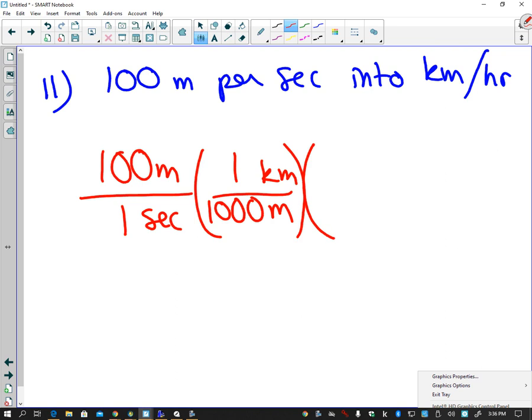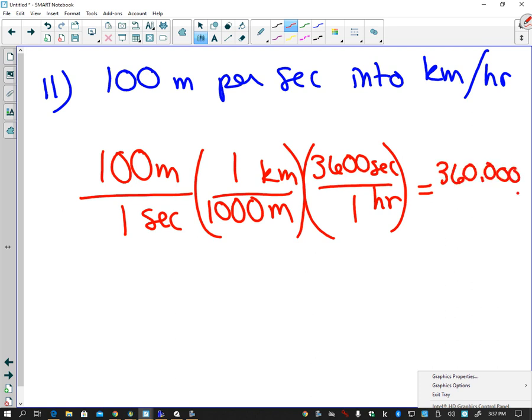Now we need to convert seconds to hours. Okay, we'll put seconds on top, hours on the bottom. Hours are longer, so they get the 1. And there's 60 seconds in a minute, 60 minutes in an hour. 60 times 60 is 3,600. So we get 3,600 on top. So now with the calculator, we have 100 times 3,600, which is 360,000, over 1,000.